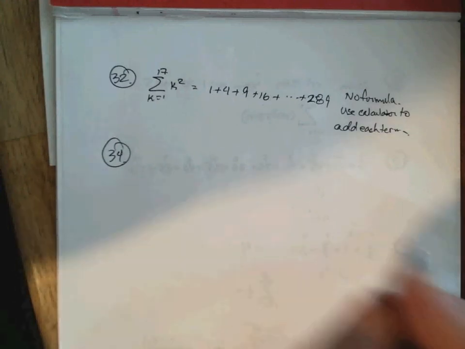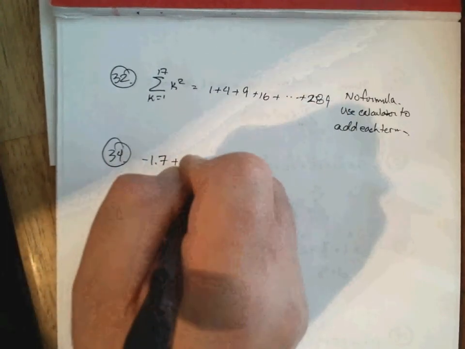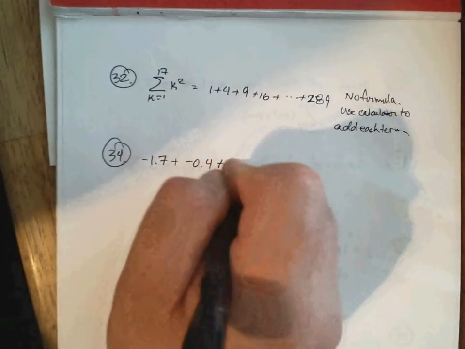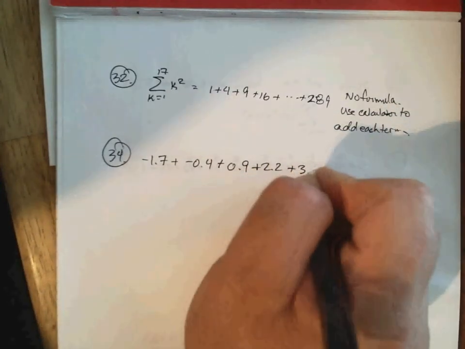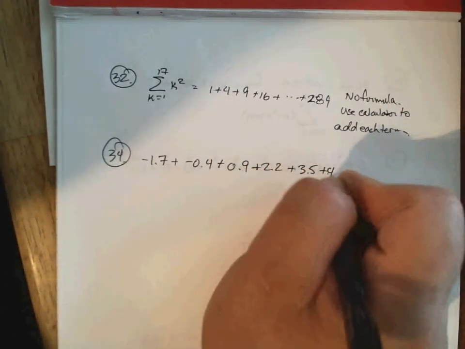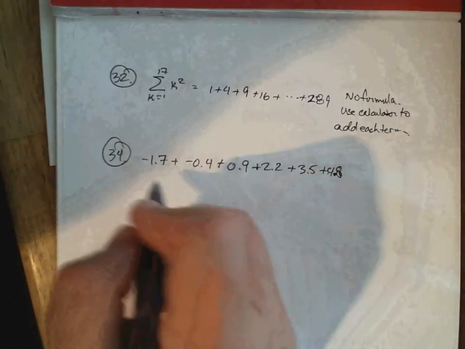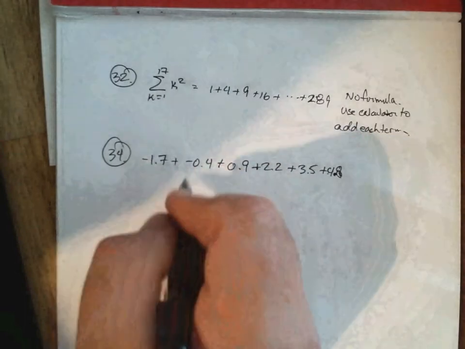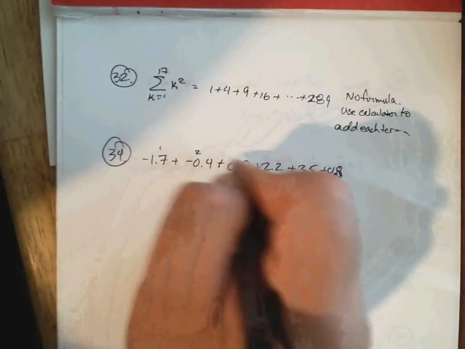Use the formula for the sum of the first n terms of an arithmetic sequence to find the sum. Negative 1.7 plus negative 0.4 plus 0.9 plus 2.2 plus 3.5 plus 4.8. So it'd certainly be easy enough to just type those in your calculator and get the sum. But that would only serve as a check to make sure you're doing this correctly.